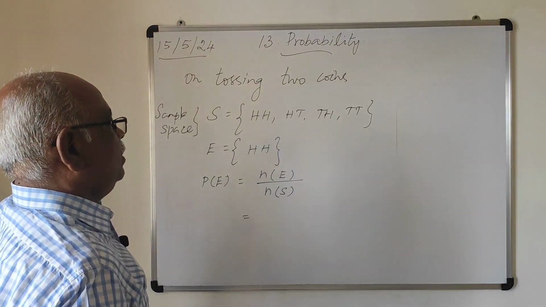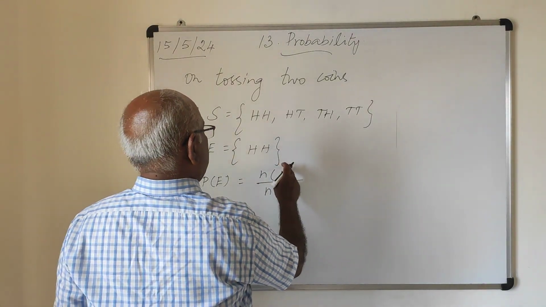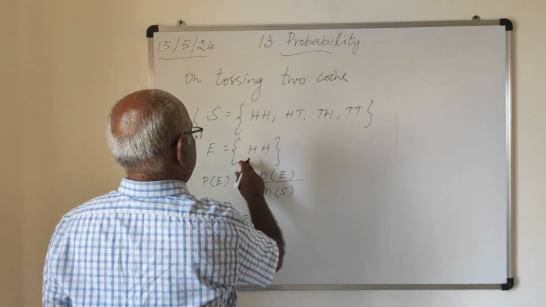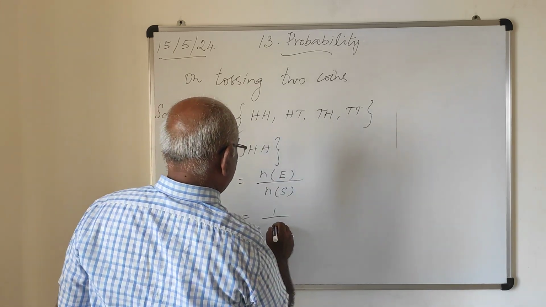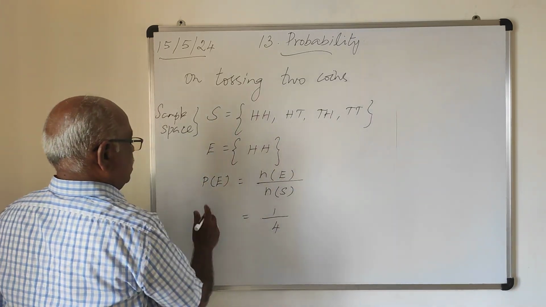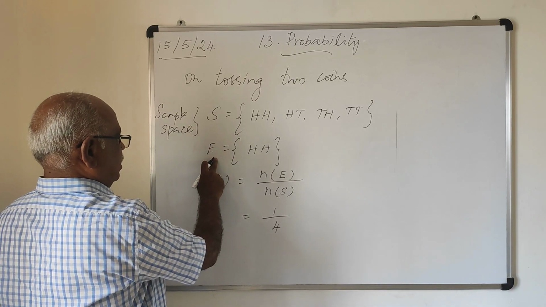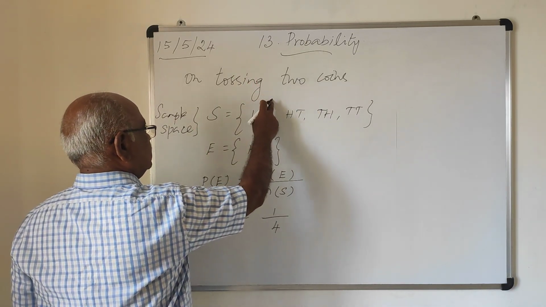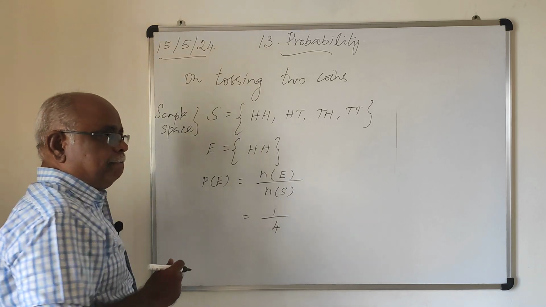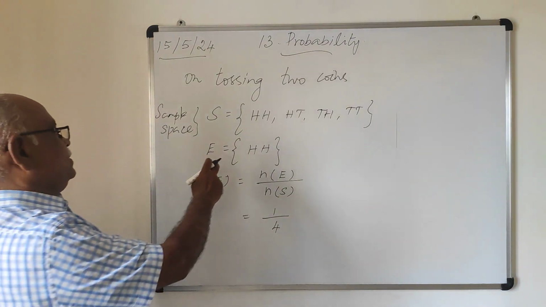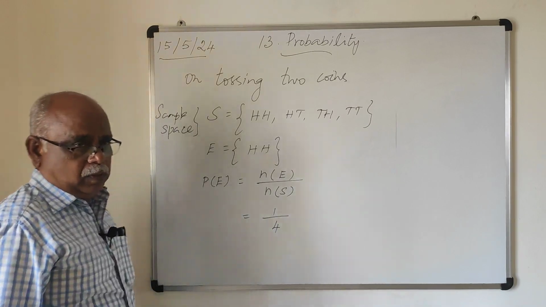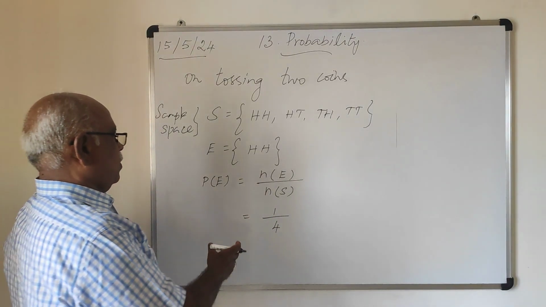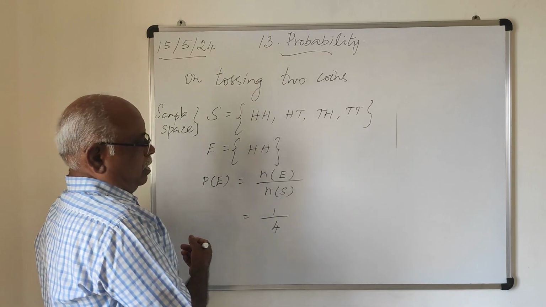N of E is 1, the total number of elements in the sample space is 4. Therefore, the probability of our required event, getting two heads, P of E is 1 by 4. This is called the probability of an event.